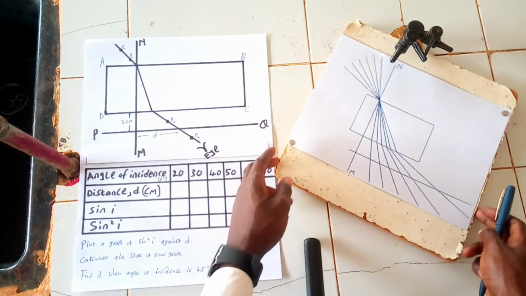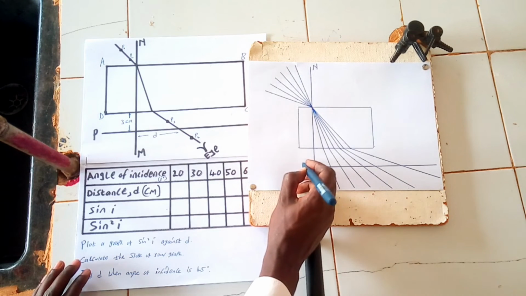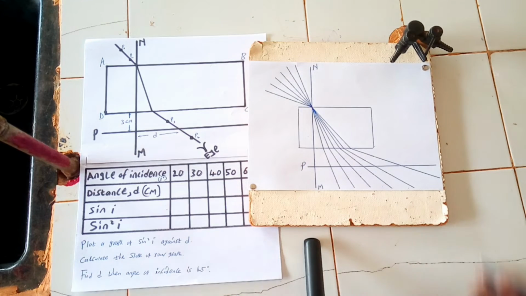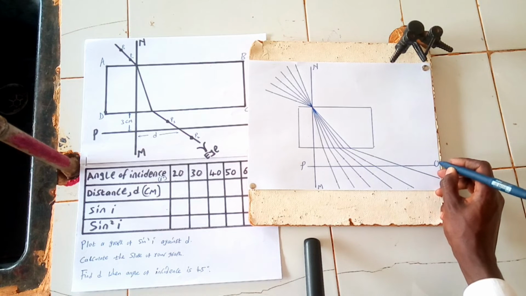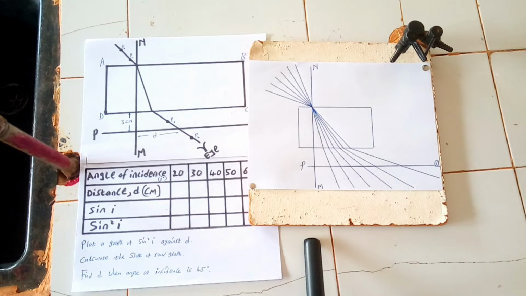So that is the line PQ now. This is the point P, and this is the point Q. So we have the line PQ.